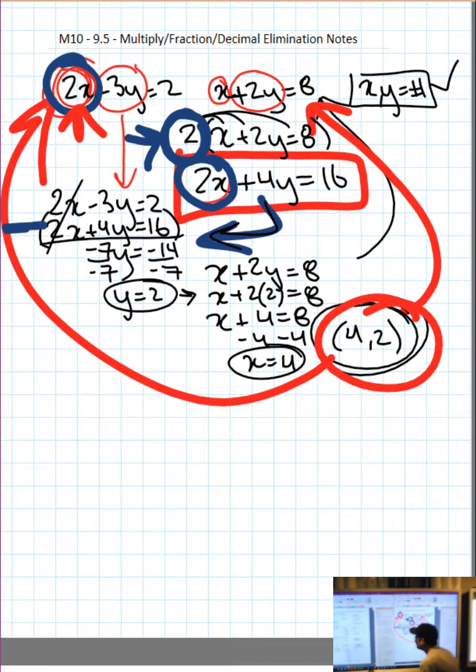It's always going to be some sort of a lowest common multiple principle. So if you're thinking you might have to multiply both equations by a number, figure out what the lowest common multiple between both equations is, and then multiply the opposite by whatever needs to be to get to that lowest common multiple, then put them on top of each other and add or subtract them.